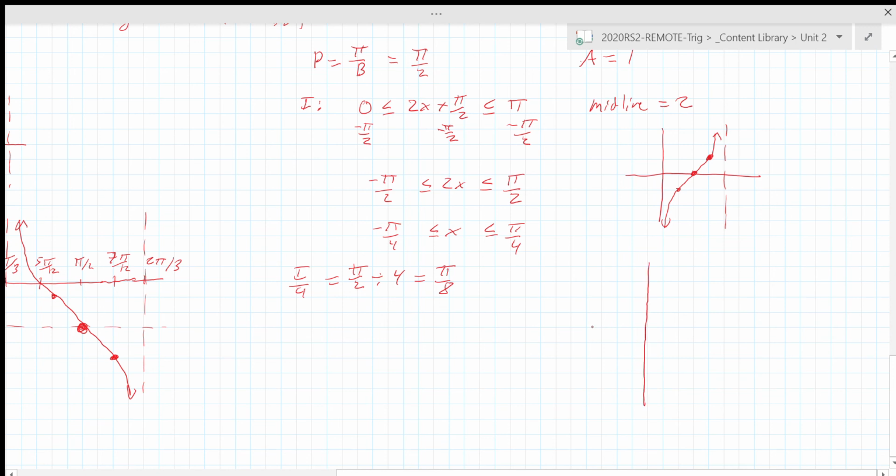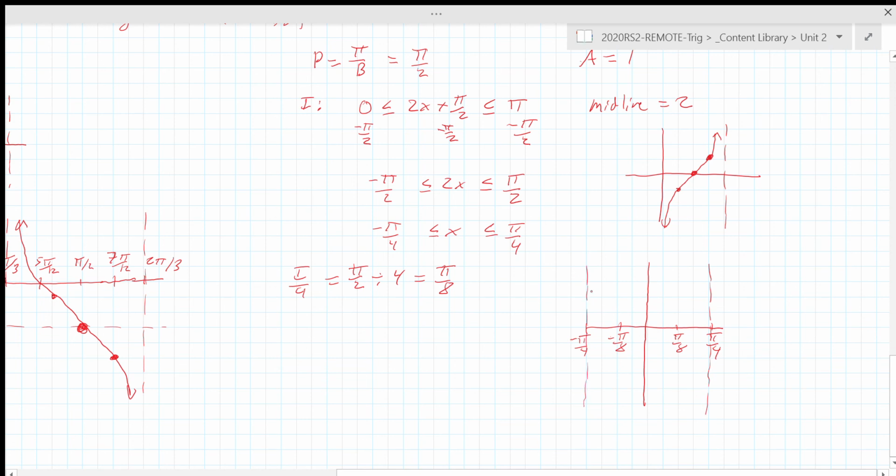All right, now let's set up our graph. We are starting at negative pi over 4 and adding pi over 8 each time. And then we have vertical asymptotes on the left and on the right.